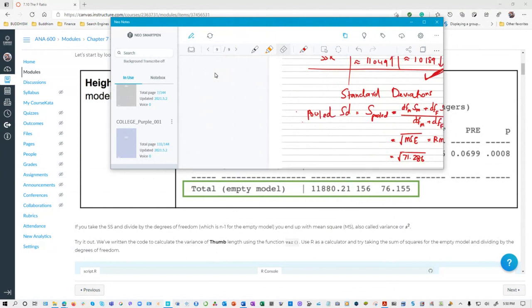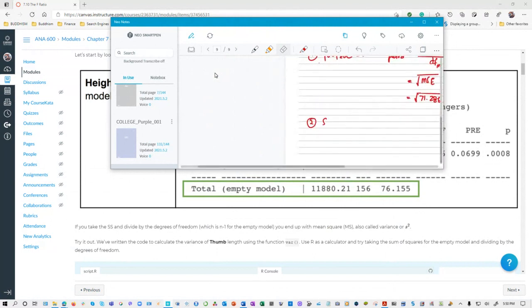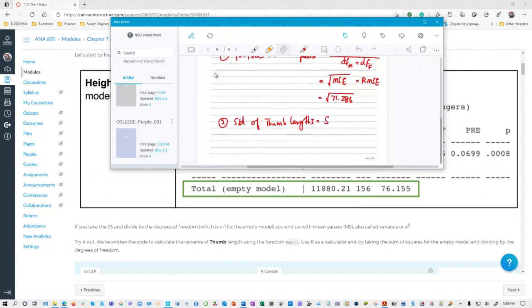That's one set. The second one is the standard deviation of thumb length, which is S. If you want to find it, how do you find it? You go to the sum of y minus y bar squared divided by n minus 1. This is the same as mean squared total, and take the square root.